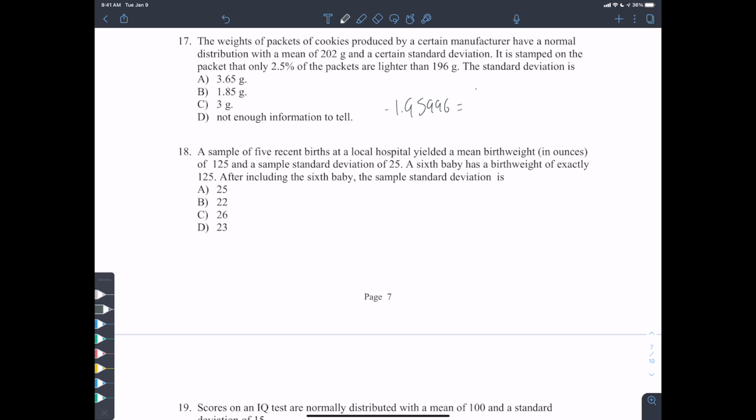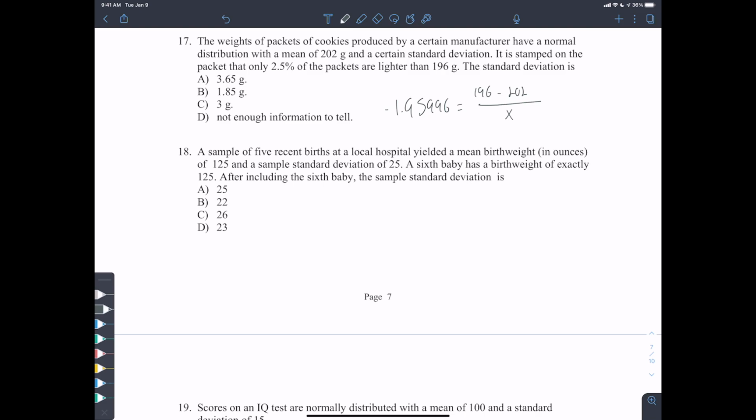1.95996 equals 196, which is our x minus our mean, 202, over our standard deviation, which we'll just denote as x at this point. And then you're just going to solve for x.